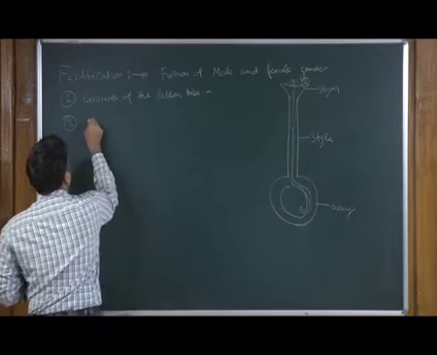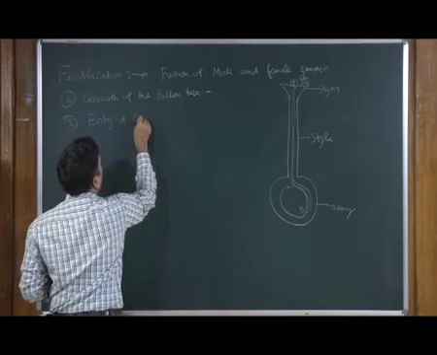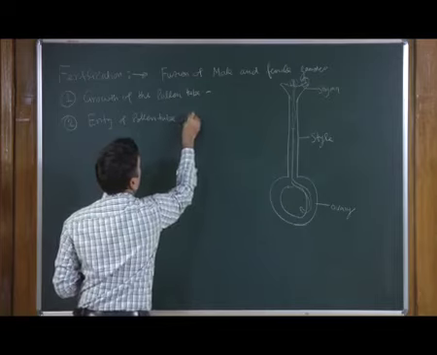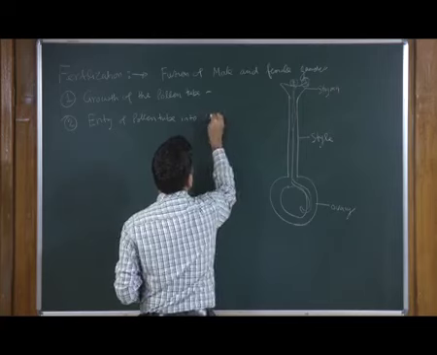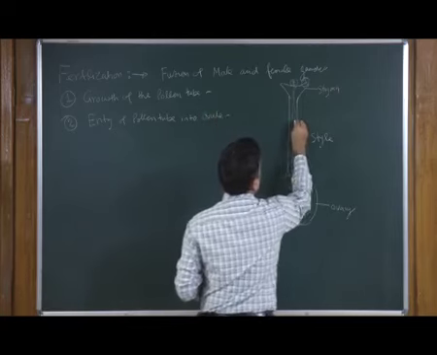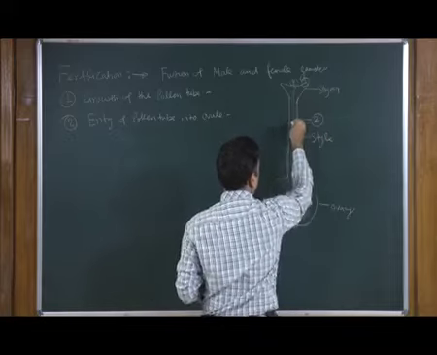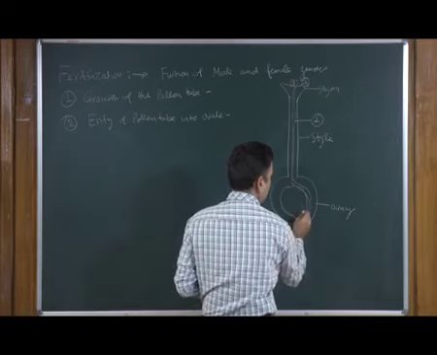Then number 2, entry of the pollen tube into the ovule. This is the second step, when the pollen tube travels all the way from the stigma through the style and enters the ovary.